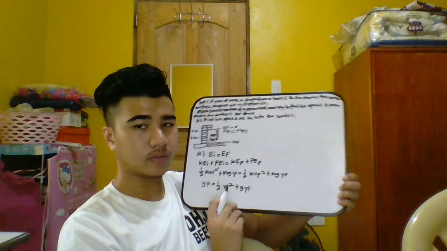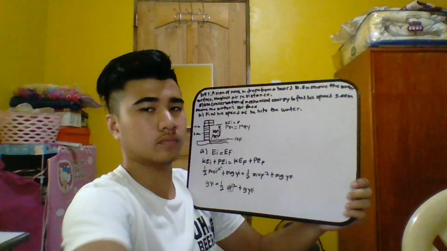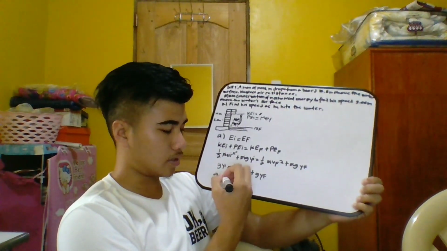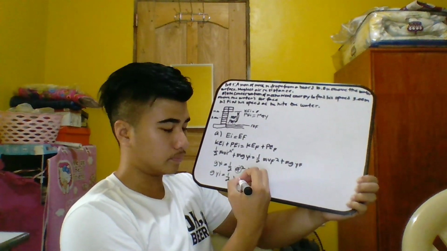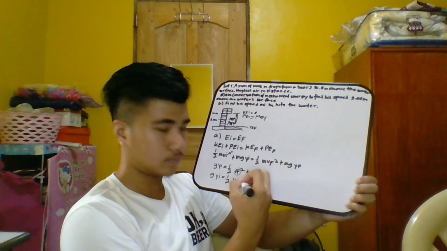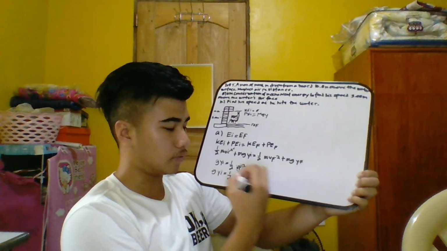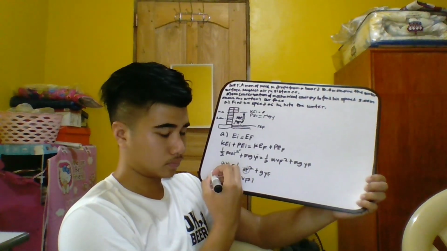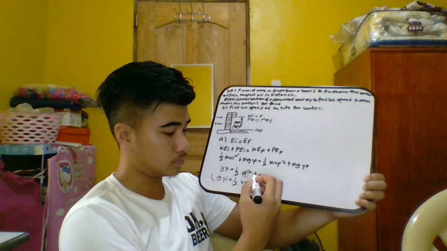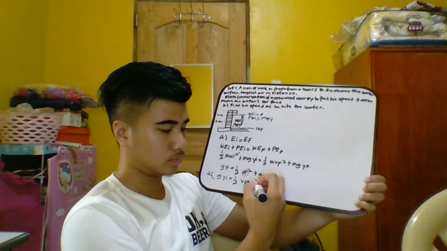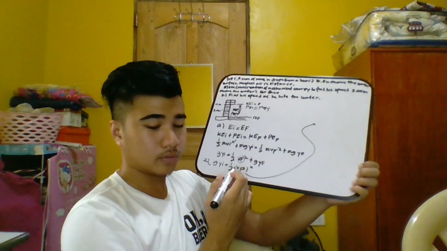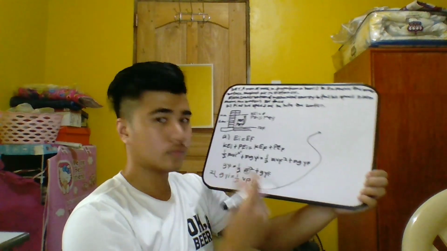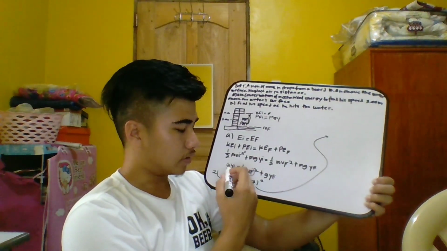We derive the equation to solve for the final velocity. So we have g times y initial equals 1/2 times final velocity squared, and we multiply both sides by 2 so that the 2 cancels. And factor out g.